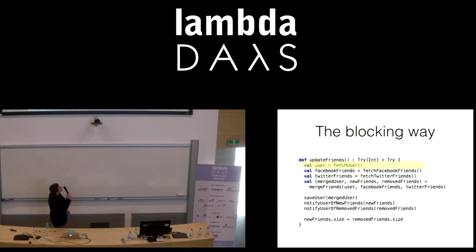Let's have a look. So you're saying that the first three operations are dependent. I would say they aren't. Fetch user, fetch Facebook friends, and fetch Twitter friends, they aren't dependent. So you cannot return faster than after the merge, yeah? Okay, you're right. I could return just after the merge, because I've got all the information to return.